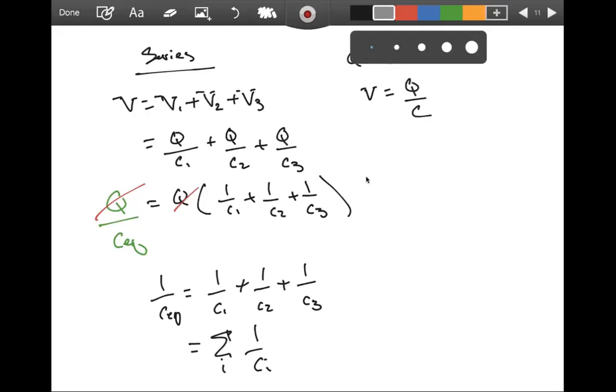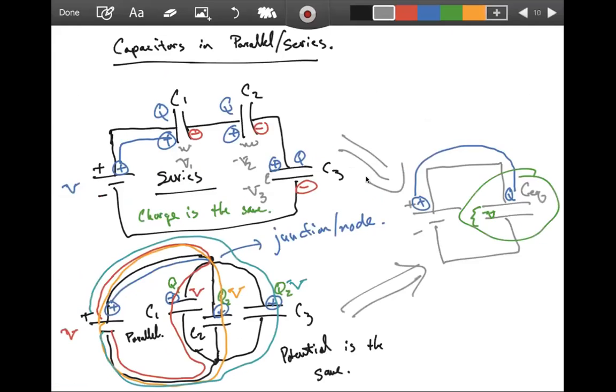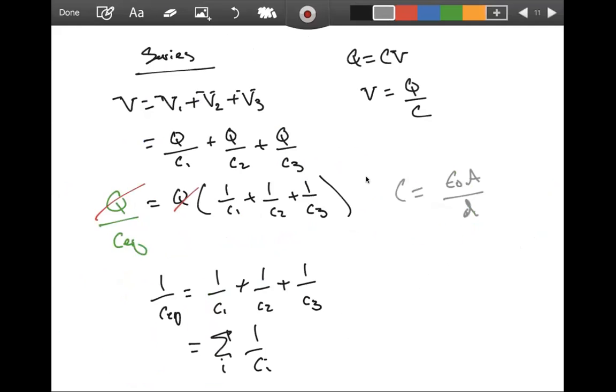So let's think about a parallel plate capacitor, where we said C was epsilon naught times the area divided by the distance. By stacking these in series, what I'm ultimately doing is increasing the overall distance between the two plates, which means that as the distance increases, the capacitance decreases, which is ultimately what this does.